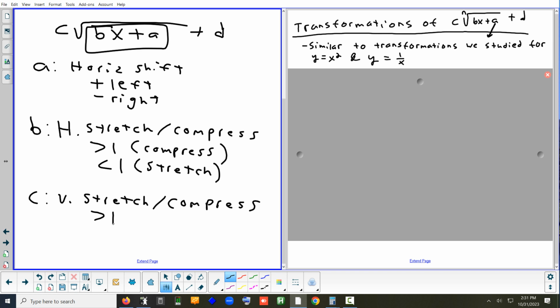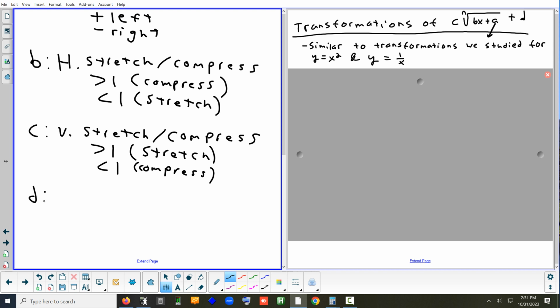It is going to stretch. The vertical stuff isn't backwards. It's what you would expect. Big numbers make it stretch bigger. Small numbers compress it smaller.